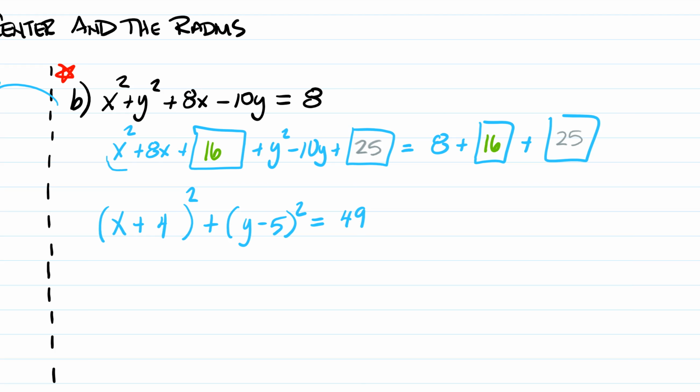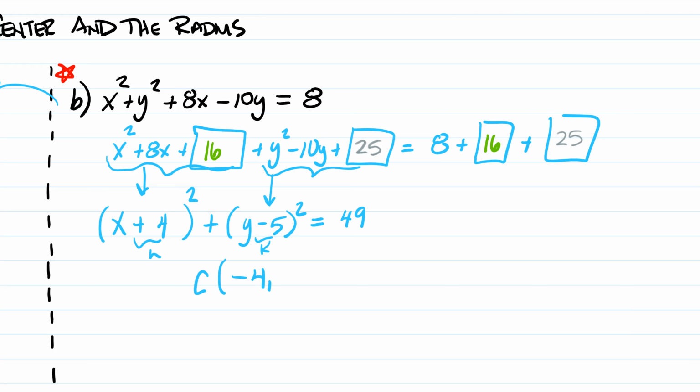So what I did was I turned this part into a perfect square trinomial, and I turned this part into a perfect square trinomial. And if you need to review how that works, we can go over it in class. I can give you some examples. But basically all we're doing is completing the square on both the x and the y variables. So now I can clearly see that my center is going to be this is acting like the h and this is acting like the k.